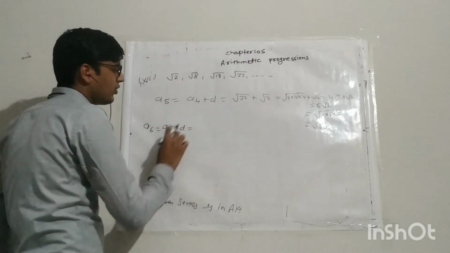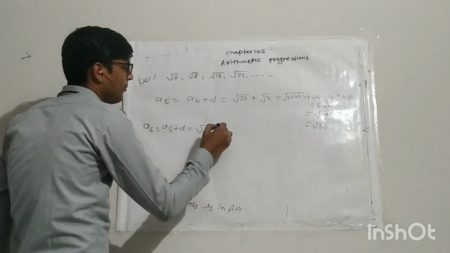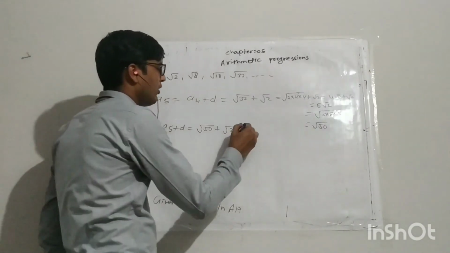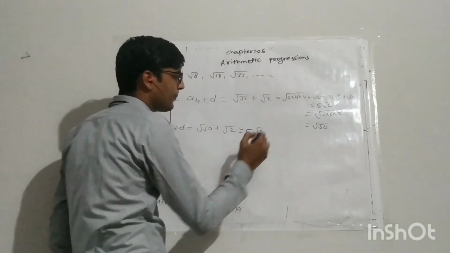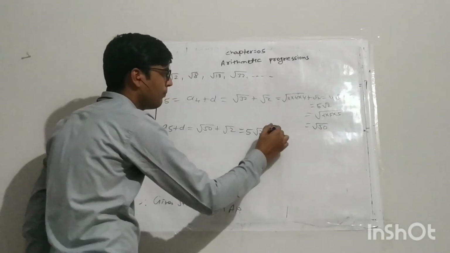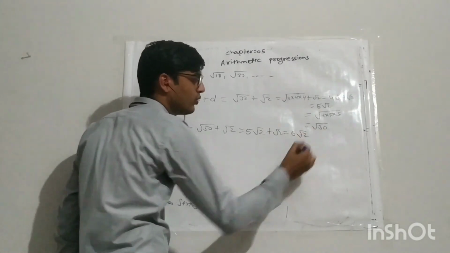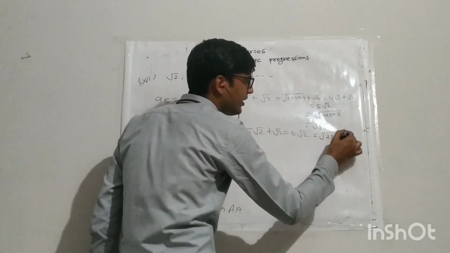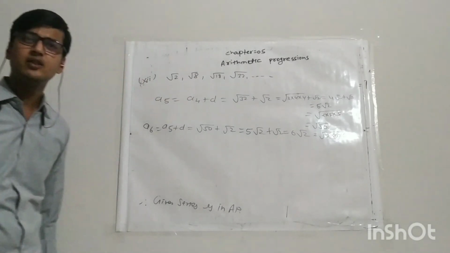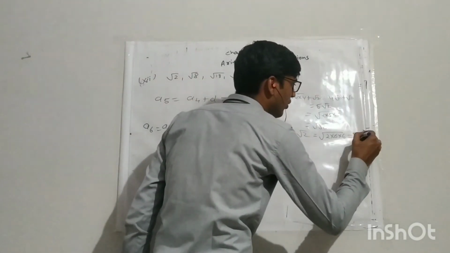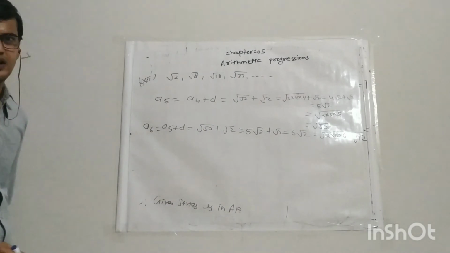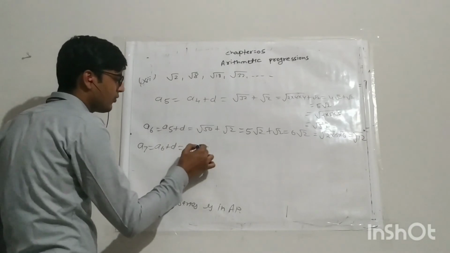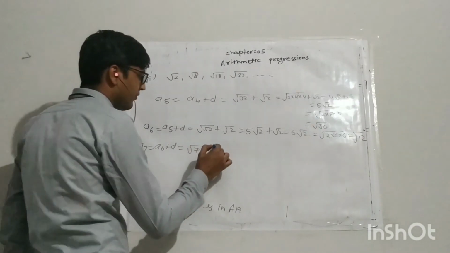Now A6 is A5 plus D. A5 is root 50 plus root 2. First we simplify this. Root 50 is written as 5 root 2. Here 5 root 2 plus root 2 again becomes 6 root 2. Now I take 6 into the root, it becomes 2 into 6 into 6. 6 6s are 36, 2 36s are 72. So the value of A6 is root 72. And again A7 is A6 plus D. A6 is root 72 plus the value of D, root 2.